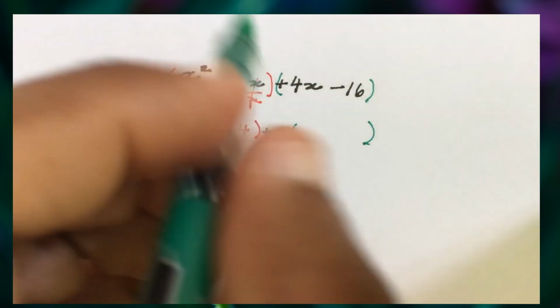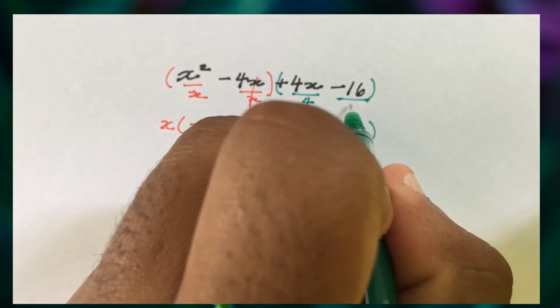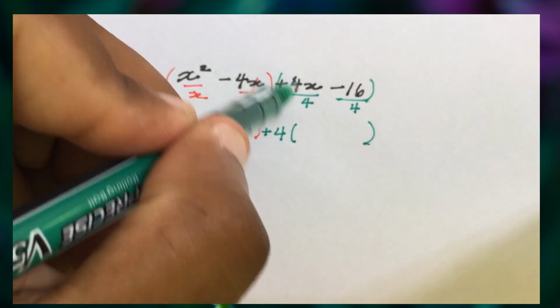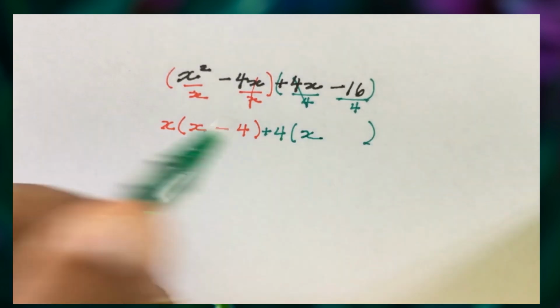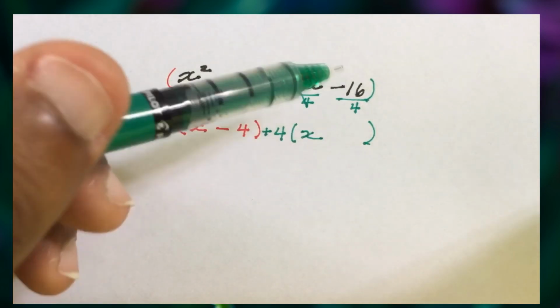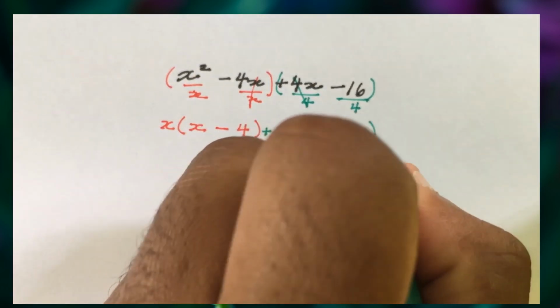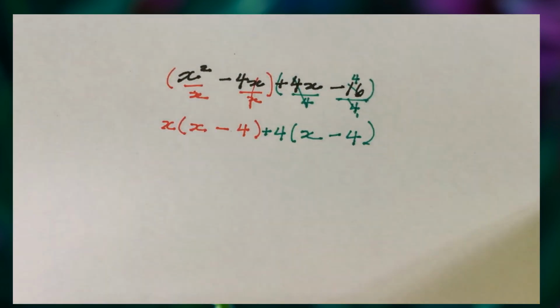This means I'm going to divide everybody up here by that 4, that highest common factor. Good. So 4x divided by 4, these cancel, leaving me with just x right here. And then I have minus 16 divided by 4. That is going to give me a negative 4. Good, because 4 into 4 is 1, and 4 into 16 is 4 times, and there's that negative.